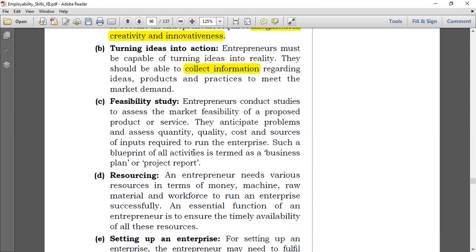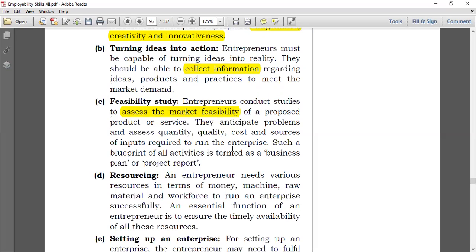Feasibility study. These entrepreneurs conduct studies to assess the market feasibility. They must know how to get that study done, right? Whatever product or services they are going to give or are giving, they should assess whether the product is doing good or not, and what are the things which are required to be changed, right?